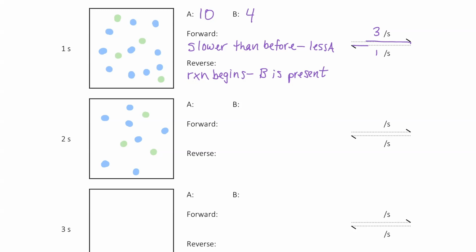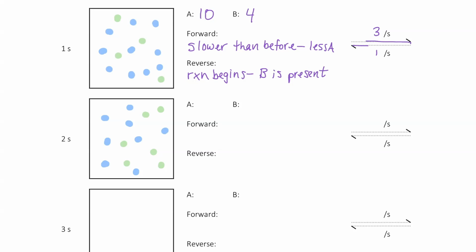Okay, how many B do I have still? I've got 4. And one of those 4B is going to turn into an A. So I'm going to add one more A. And then how many more B? If I took 1 away from the 4, I need to now add in 3 more. 1, 2, 3.